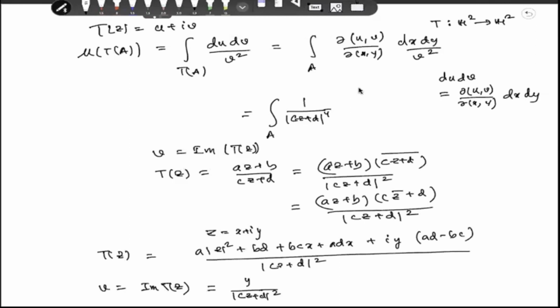Here ad minus bc is equal to 1 because we have taken T from PSL(2,R). So ad minus bc is equal to 1.